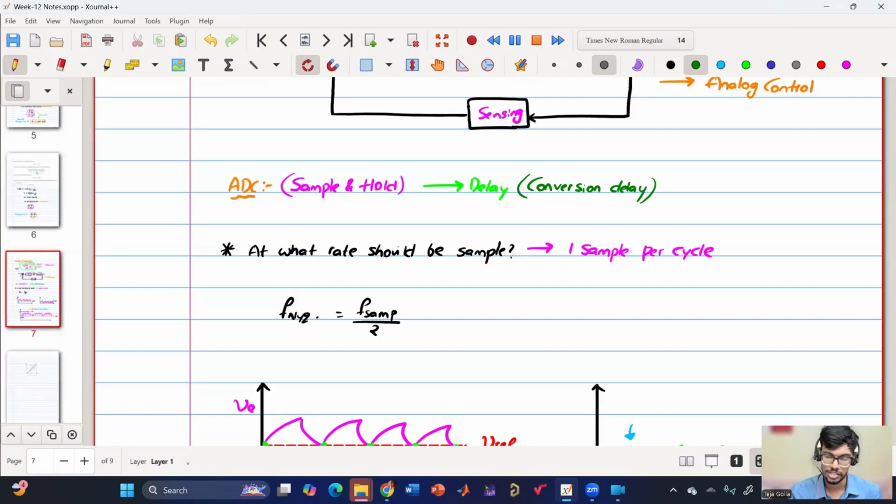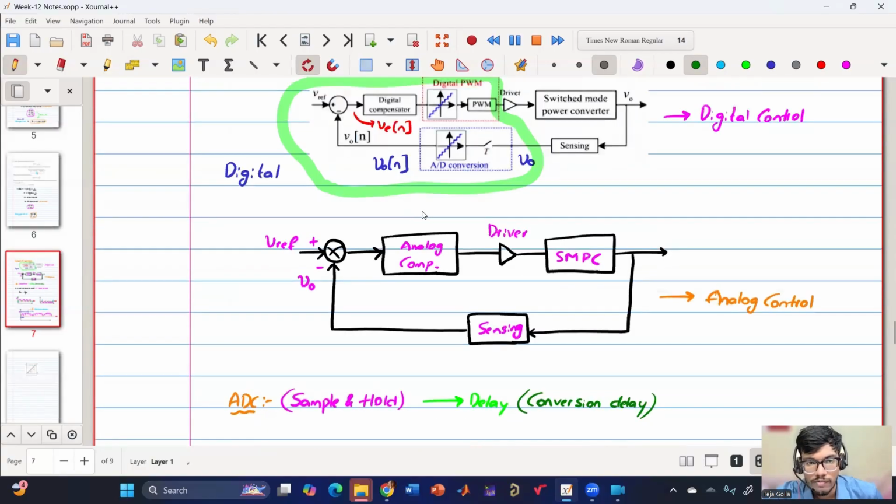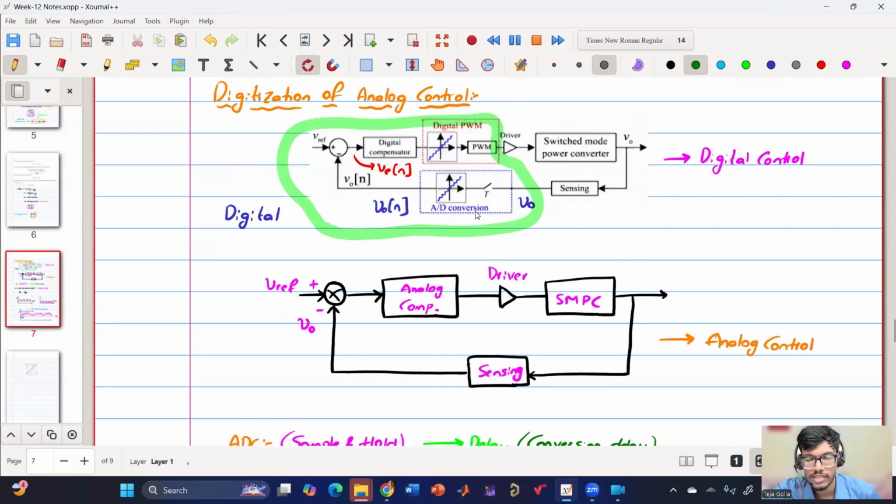So the ADC itself is causing two kinds of issues if we don't pay attention to it. One issue is the conversion delay, and the delay in the system will cause issues. The other is at what rate we need to sample, so that will also cause issues. We have discussed the A to D conversion part, and we have seen that it can cause some issues and we have to be very careful about it.